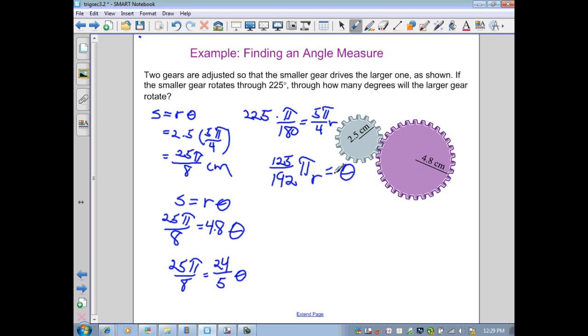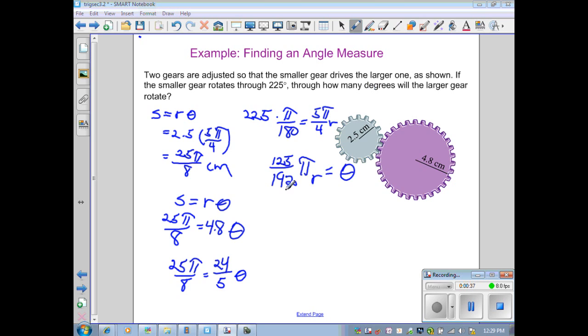That is the radian measure that this gear rotates to equal the same intercepted arc that the small gear rotates. But if we take a look back in the problem, it actually asks us to find how many degrees that gear rotates.